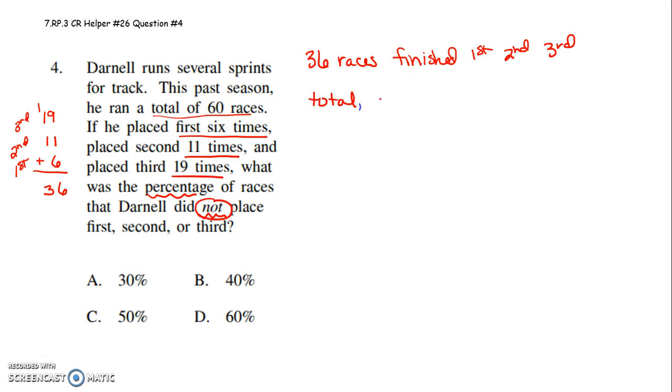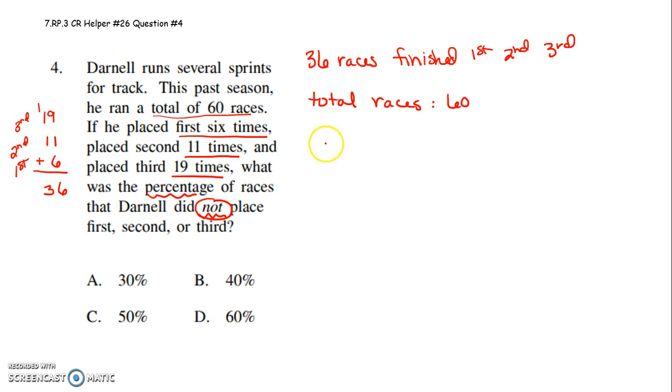Total races, I don't know what's going on with my spelling this morning. Total races is 60. So I want the percent that he did not finish first, second, or third.